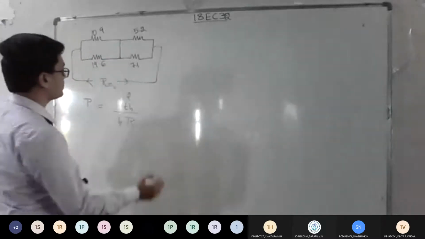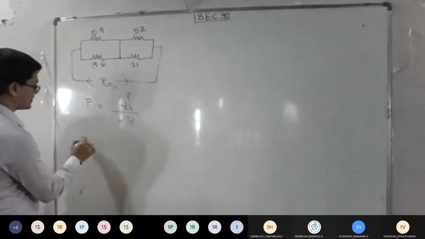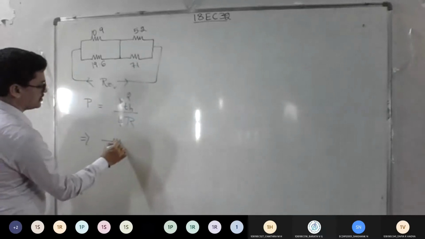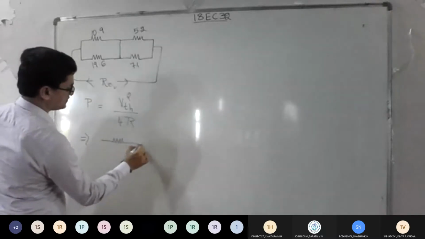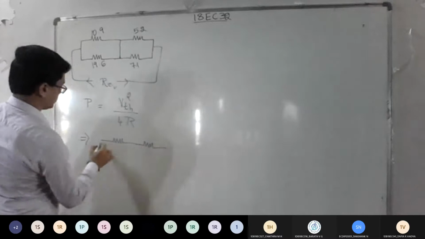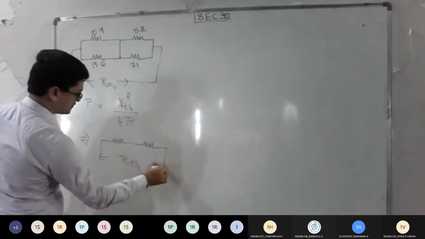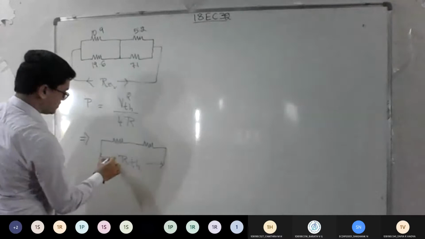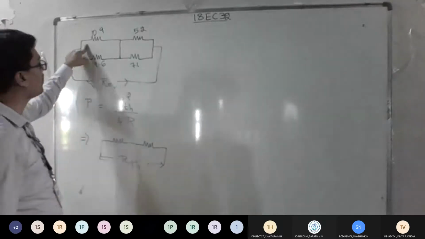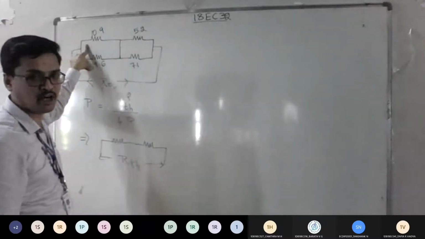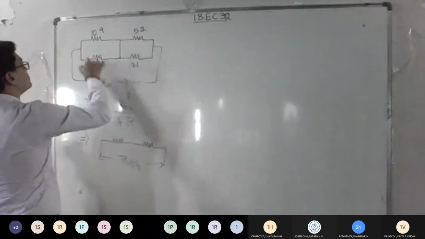Now tell me what is the parallel combination of these two, and what is this R equivalent? Let me take one at a time. What is the first answer here? 10.9 parallel with 19.9, how much is this parallel combination?